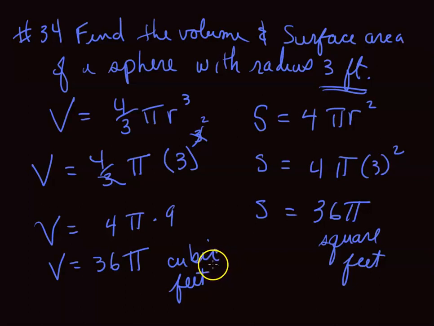Okay, let's do one more. Number 52. Okay, this one's a word problem, so we're not going to write down all the stuff, but we are going to draw a picture because that's worth 2 points.